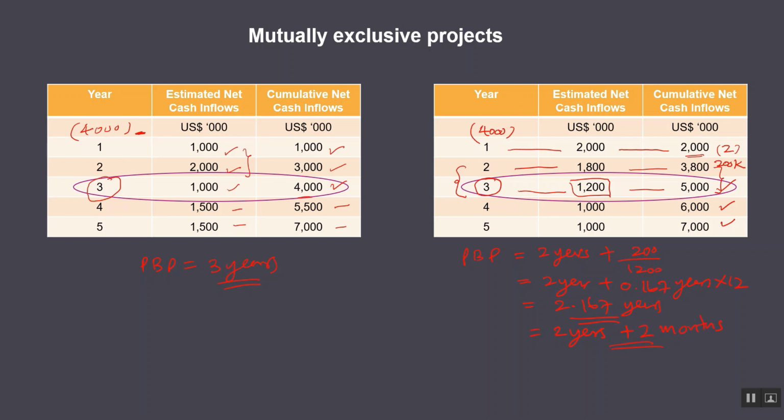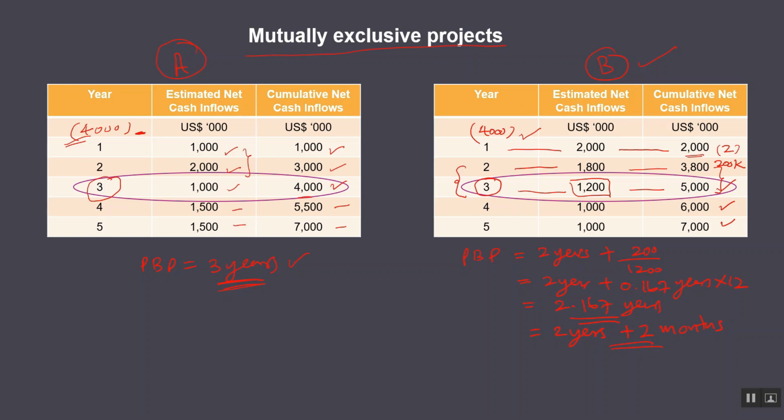So when you compare these two projects, this is project A, this is project B. Project A will pay back the initial investment of 4 million at the end of the third year. However, project B will pay back the initial investment of 4 million at the end of the second year plus 2 months from the third year, so 2 years plus 2 months. When there are mutually exclusive projects, what is the criteria here?